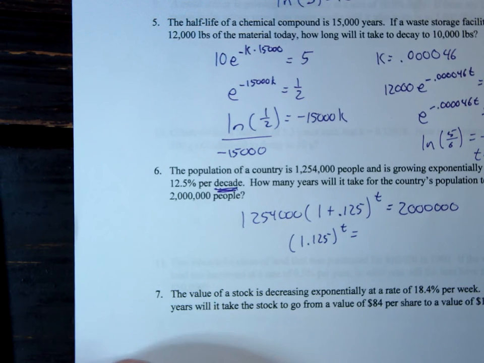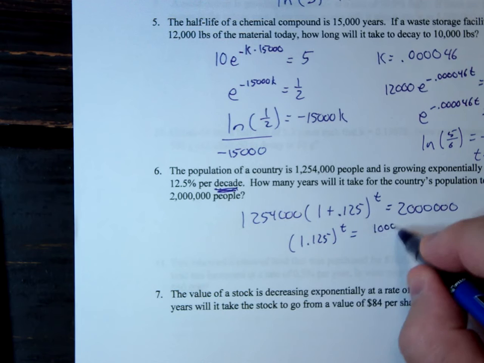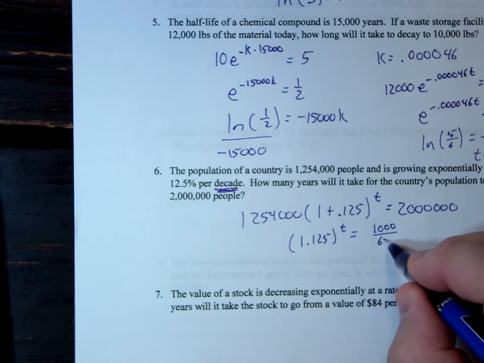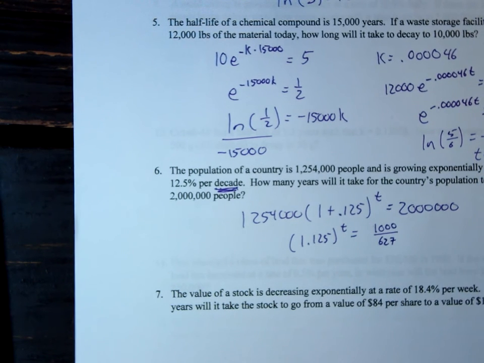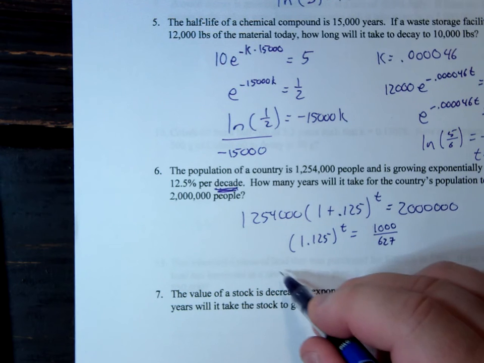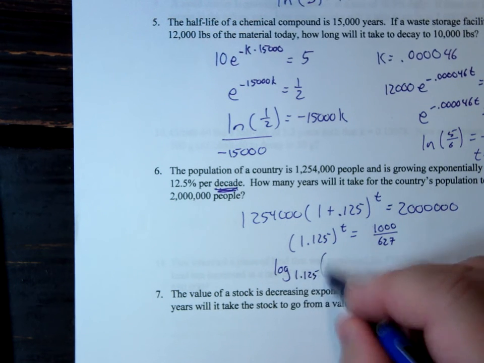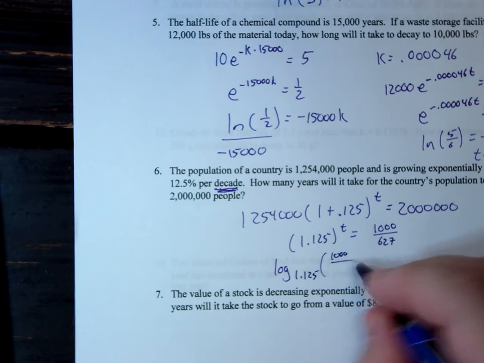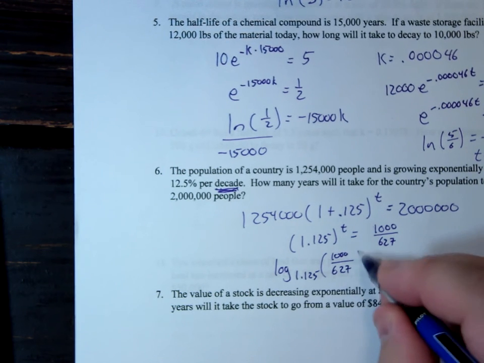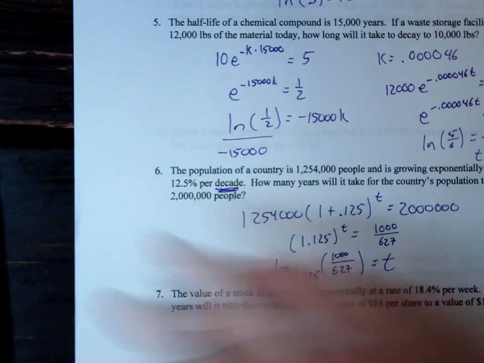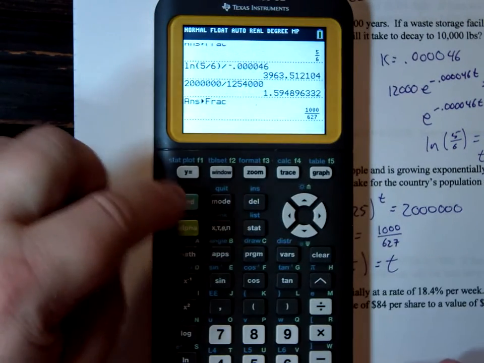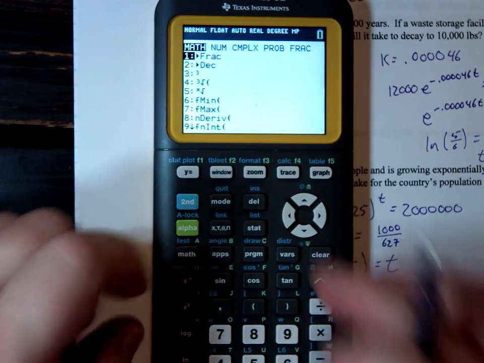So that's actually 1,000 over 627 as a fraction. So then log base 1.125 of 1,000 over 627 equals t. Math.